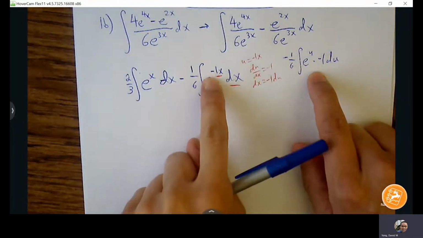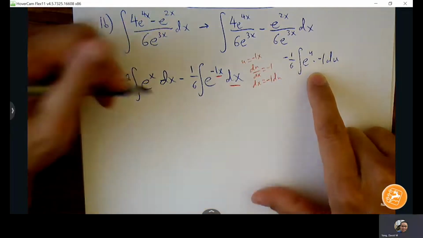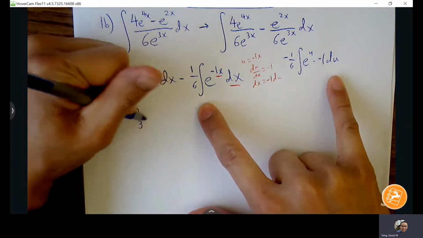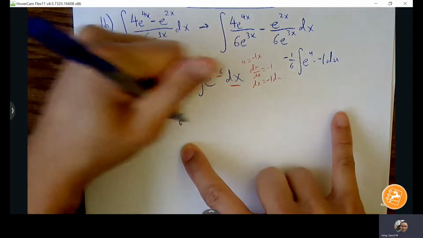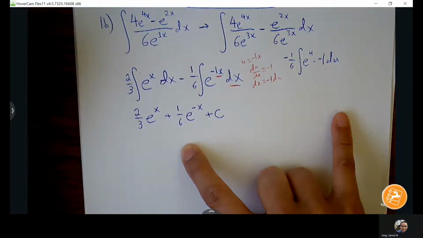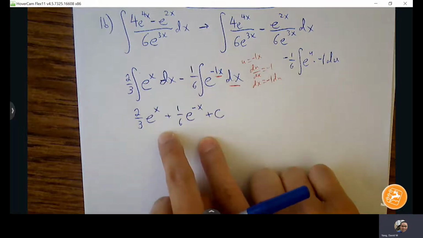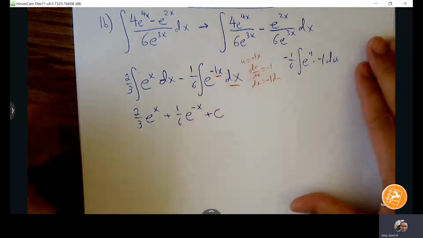So basically, that negative is going to force this sign to change. So that's going to leave me with 2/3 e to the x plus 1/6 e to the negative x plus c. Right, the integral of e to the u is just e to the u. Just have to keep track of the coefficients here.